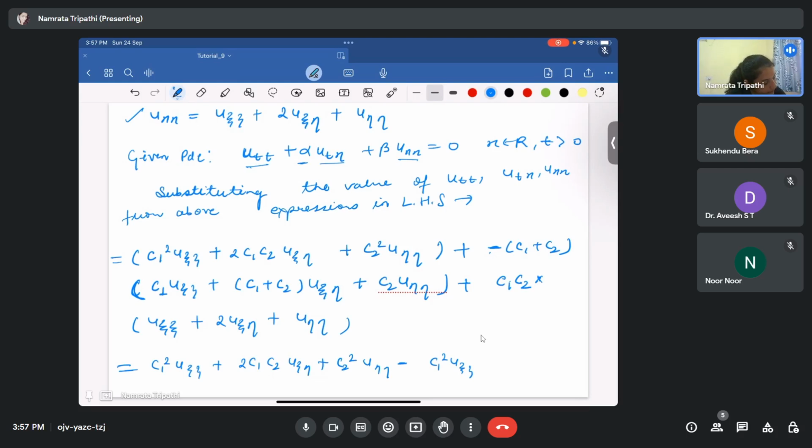So after multiplying you will get minus c1 square u xi xi, minus c1 c2 u xi xi, and minus c2 square u eta eta, minus c1 c2 u eta eta, and after multiplying this and this term you will get c1 square c2 square plus 2 c1 c2 u xi eta. Fine. This will cancel out.